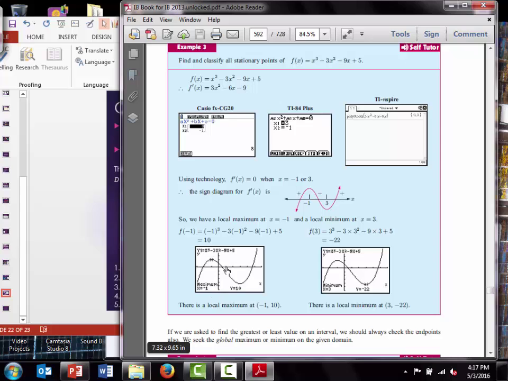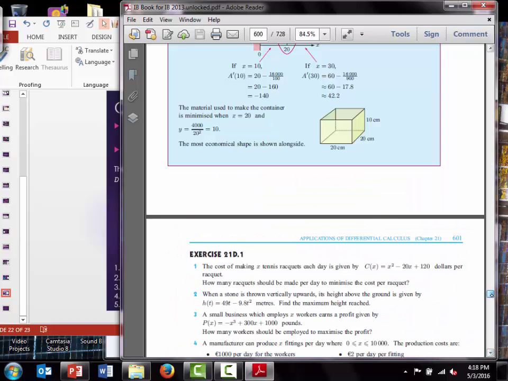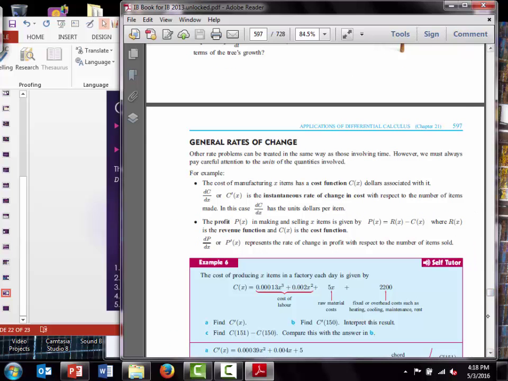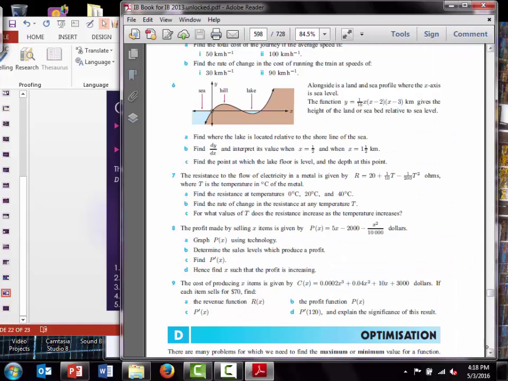So you have a couple of options. One, stationary points: you plug them into the original equation and find the max and min. Or two, you plot the derivative and you find out where it crosses the x-axis.